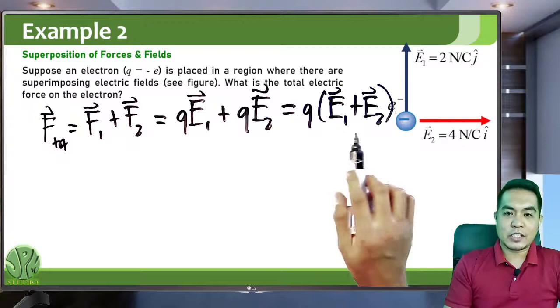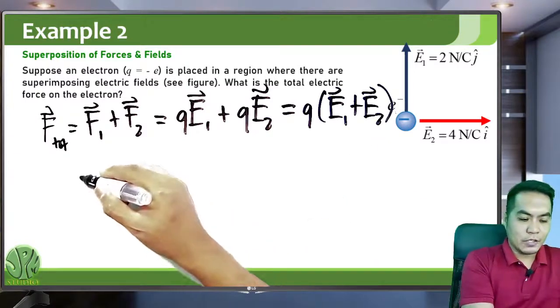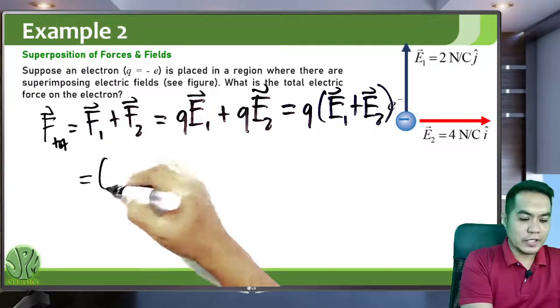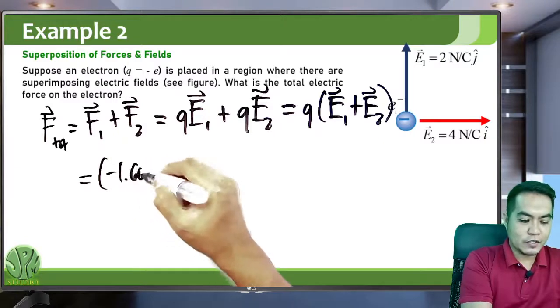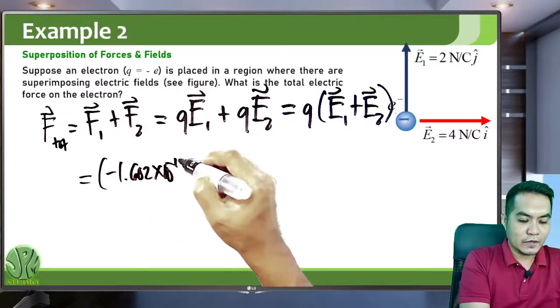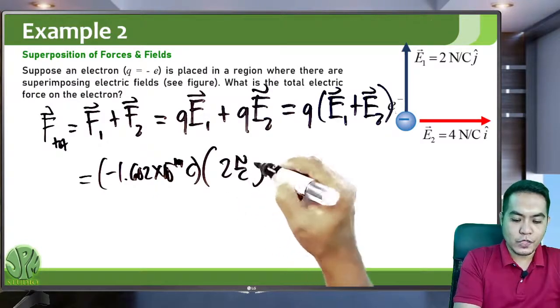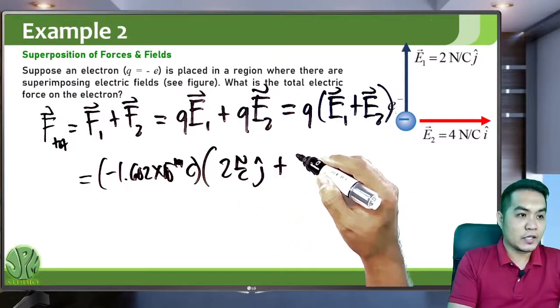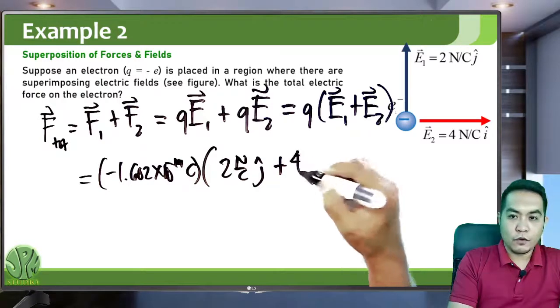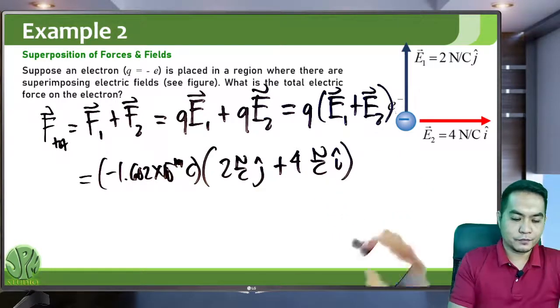So this is just the total electric field. So this will give us a value of Q is negative e, so that's negative 1.602 times 10 to the negative 19 coulomb. E1 is 2 newton per coulomb j hat. E2 is 4 newton per coulomb i hat.